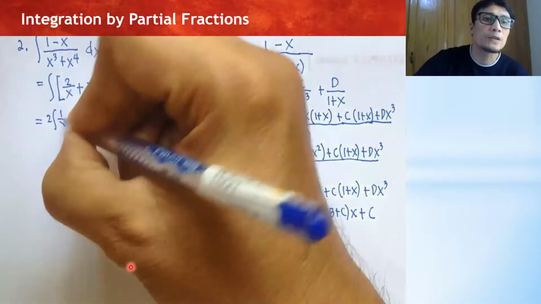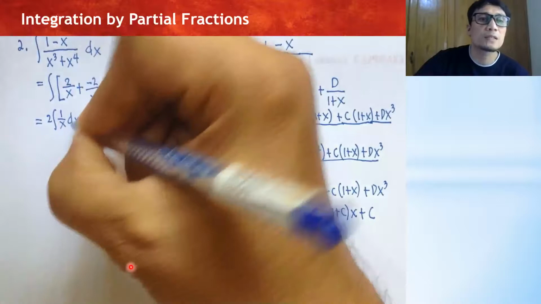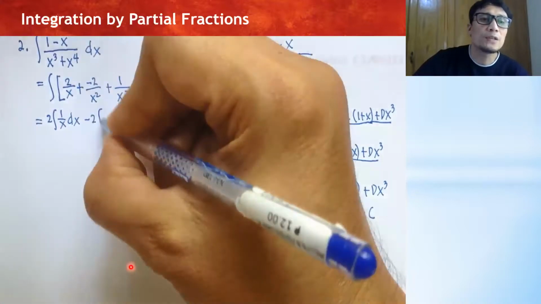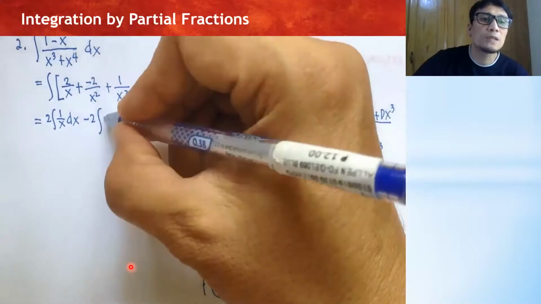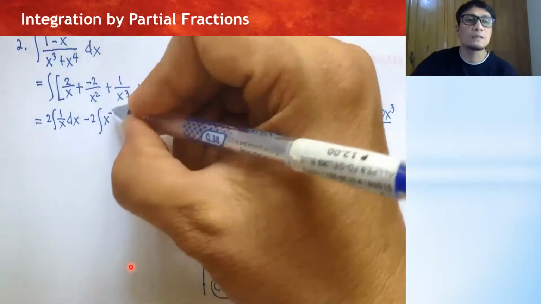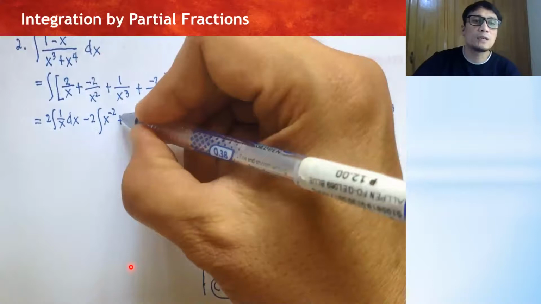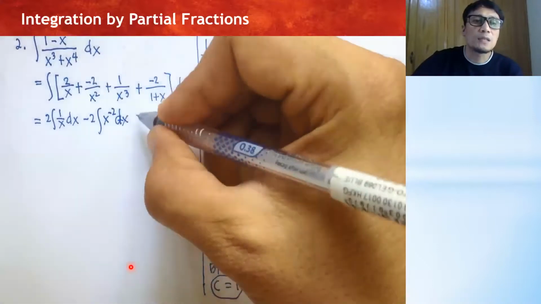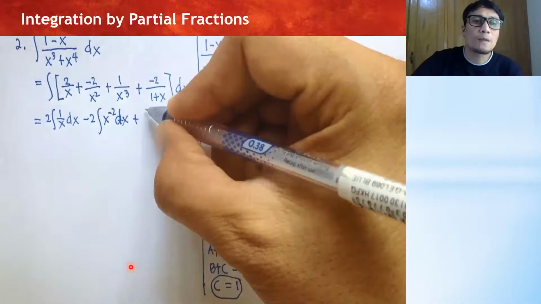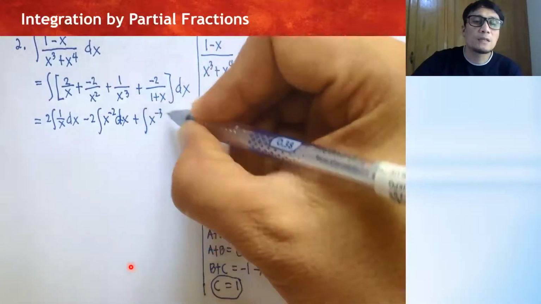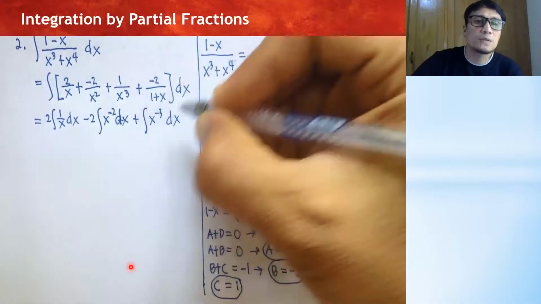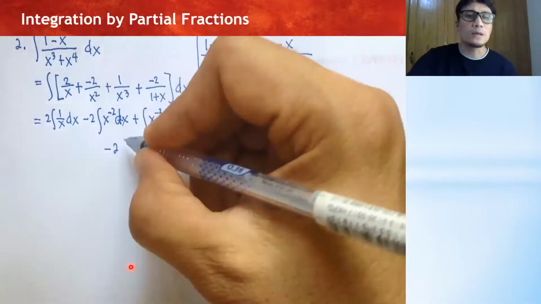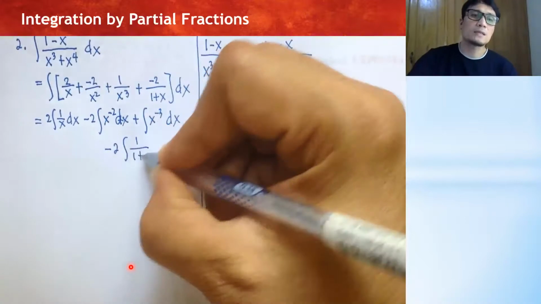So we factor out 2, so we have 1 over x dx, minus 2, now take note, it's better to write that as x to the negative 2, right? So we can use the u to the n du. And then this one also, plus the integral of x to the negative 3 dx. And then this one also, which is negative 2 times the integral of 1 over 1 plus x dx.